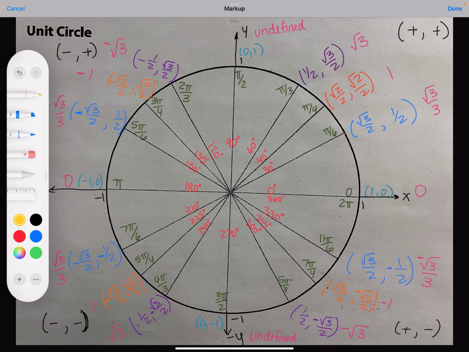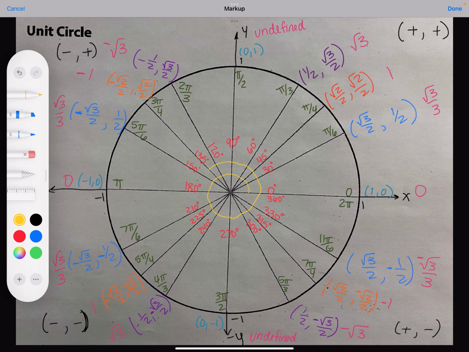Now, when you get to the ones that are in radians, these values out here, if I tell you to go to, let's see, 11 pi over 4, we start here: 1 pi over 4, 2 pi over 4, 3 pi over 4, 4 pi over 4, 5 pi over 4, 6 pi over 4, 7 pi over 4, 8 pi over 4, then I want to go a little bit farther, 9 pi over 4, 10 pi over 4, 11 pi over 4.